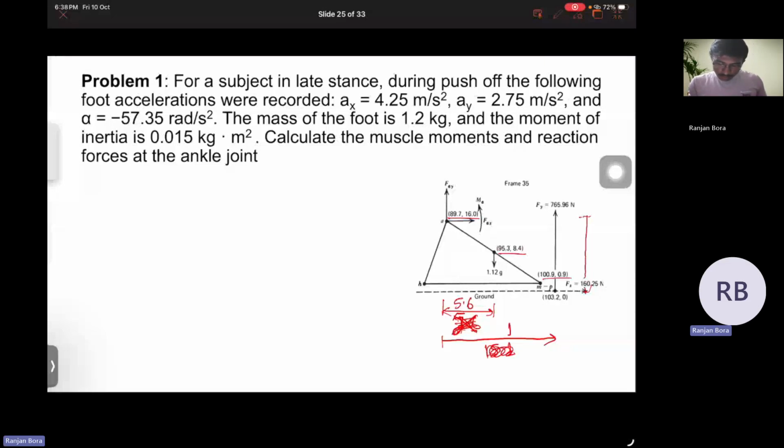This is 11.2. And this vertical distance from the ankle joint is 15.1, in centimeters.